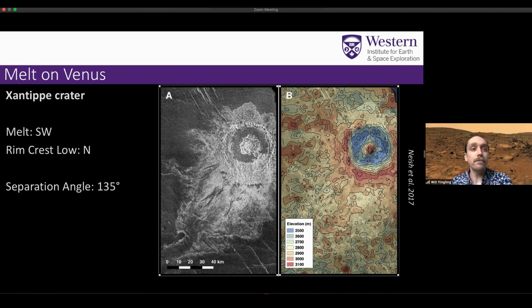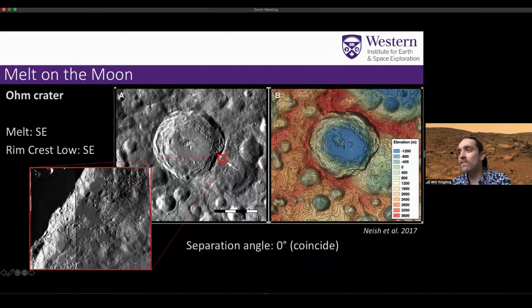So for panel B, there's a DTM, and the rim crest low, so to speak, is to the north. You can see that there's a depression to the north, and so we consider that the rim crest low. And so what we then do is put those two together, cardinal directions, and then we get 135 degrees.